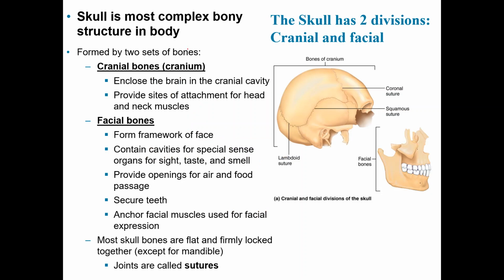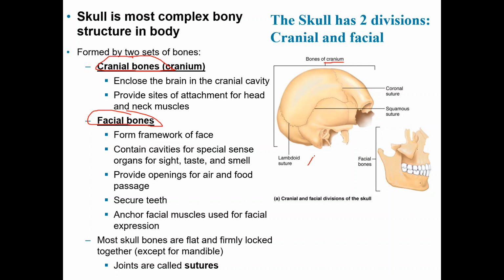The first region we're going to look at is the skull. The skull itself is divided into two subregions, or sets of bones. We have the set that forms the cranium, so we're going to look at the cranial bones, and then we have the facial bones.